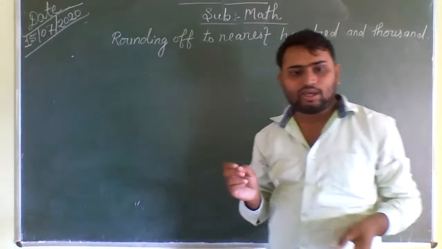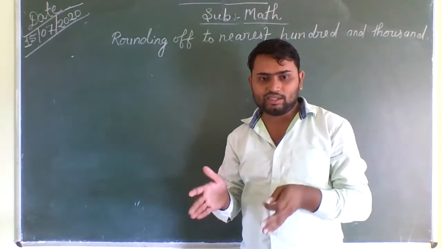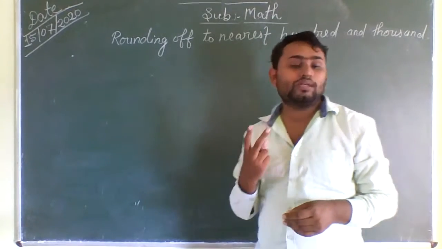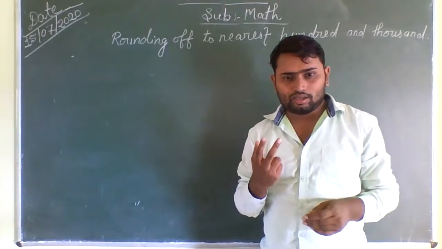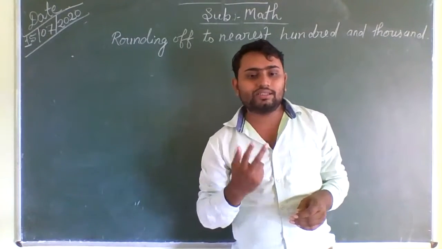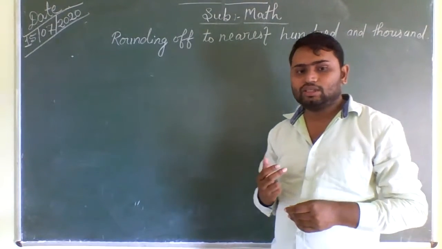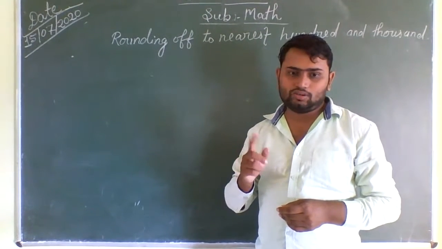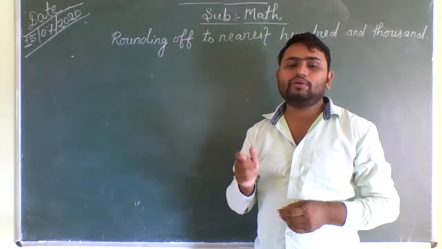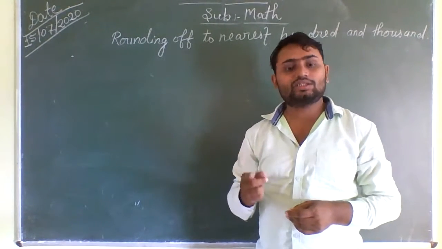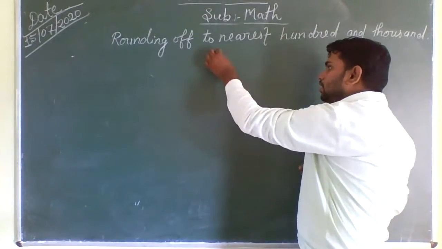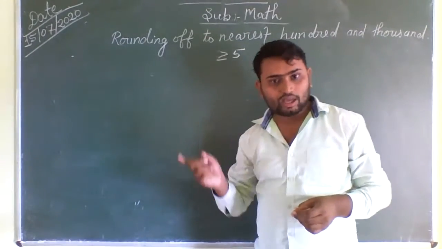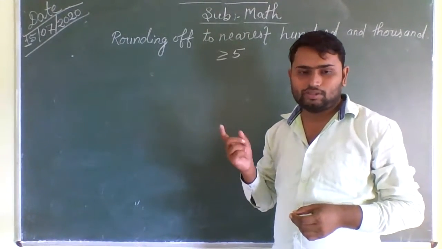If the digit at the tens place, just behind the hundreds digit, is greater than or equal to 5, we will increase the digit at the 100 place by 1.